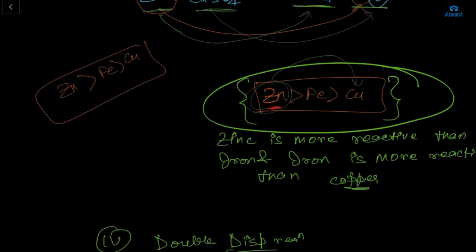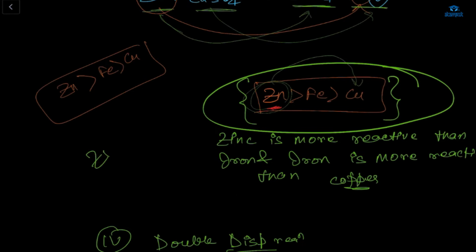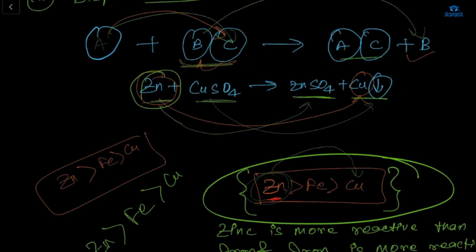See, this is the increasing table. Zn is more reactive than iron, more reactive than copper. Here Zn is more reactive than copper. That's why Zn will combine with SO4 and Cu will be alone. Okay, Navya? Will you please explain the displacement one?